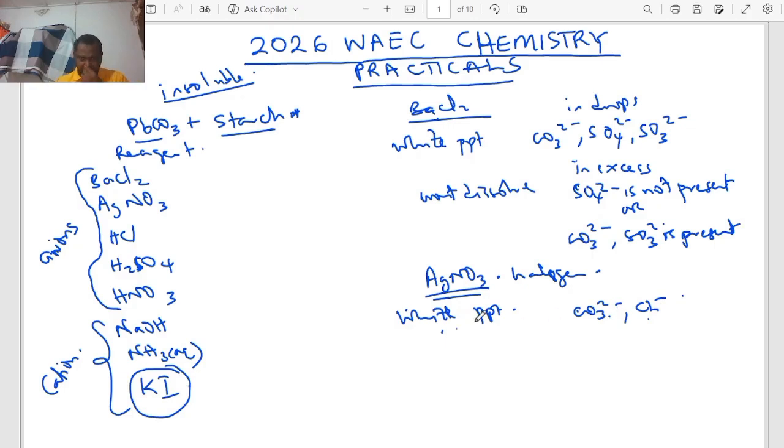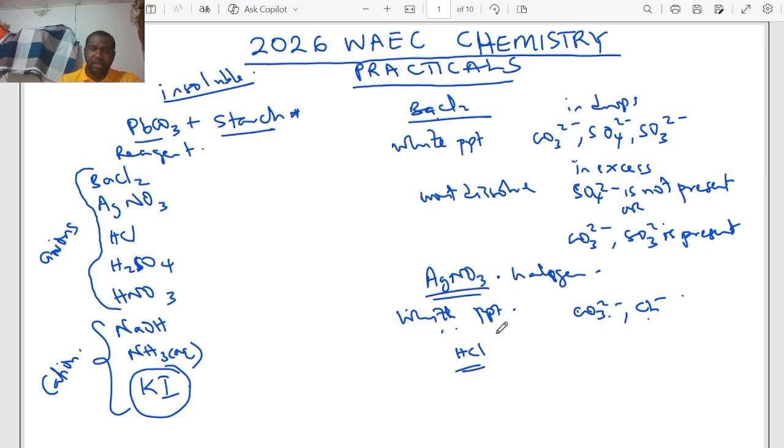But it will not be a confirmatory test. For the sake of clarity, these two reagents do not have any effect on starch.